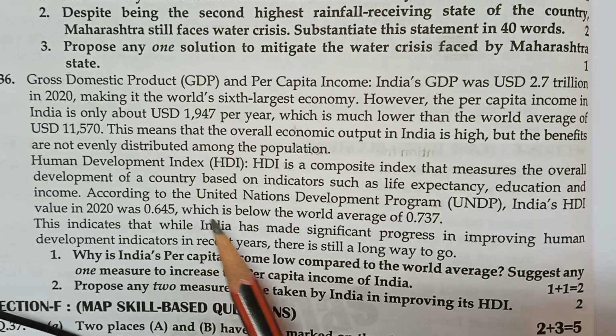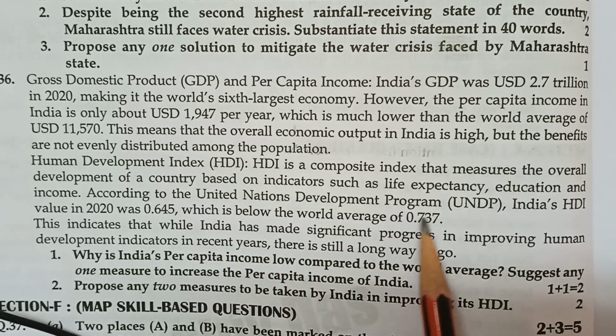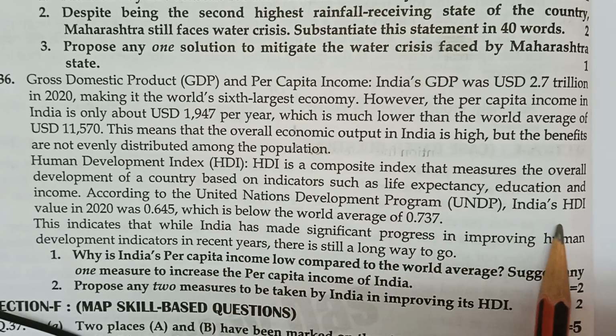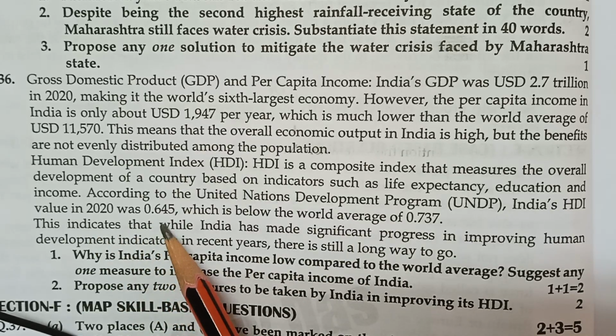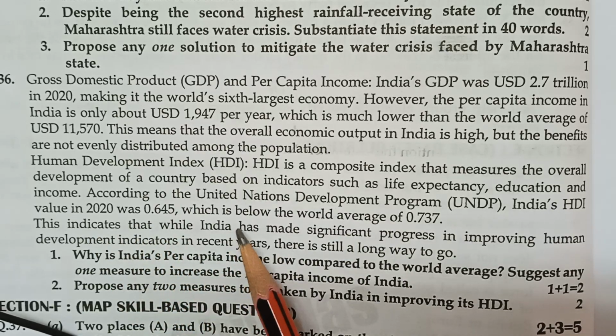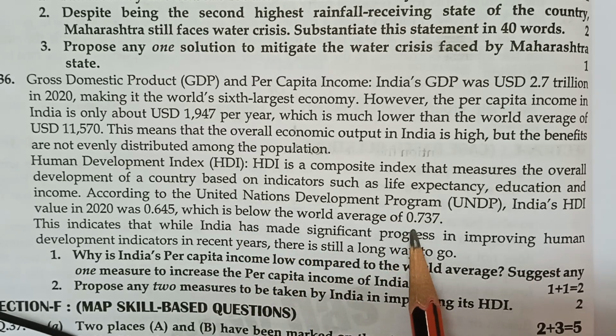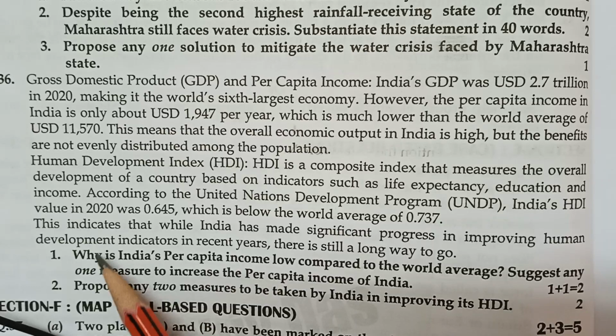According to the United Nations Development Program (UNDP), India's HDI value in 2020 was 0.645, which is below the world average of 0.737. This indicates that while India has made significant progress in improving human development indicators in recent years, there is still a long way to go.